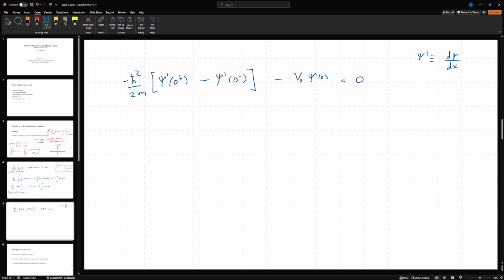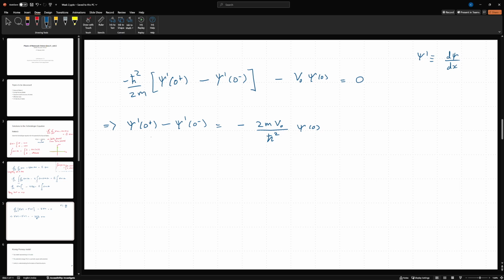What this tells me is, let me just move everything to the right, which implies psi prime 0 plus minus psi prime 0 minus is equal to, this will go to this side, the minus will become a plus, 2m V naught upon h bar squared psi of 0.